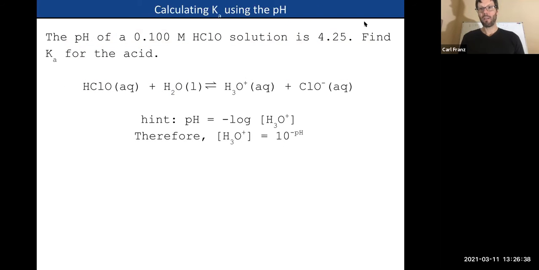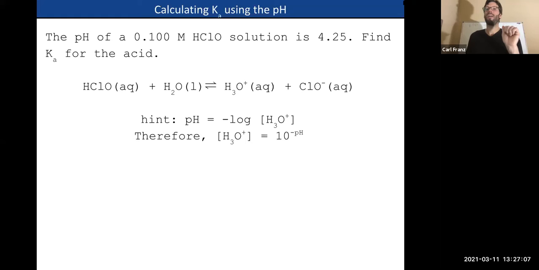So let's see what we can come up with. If we have a pH of 4.25 for a 0.1 molar solution, what is the Ka? You have the reaction here.